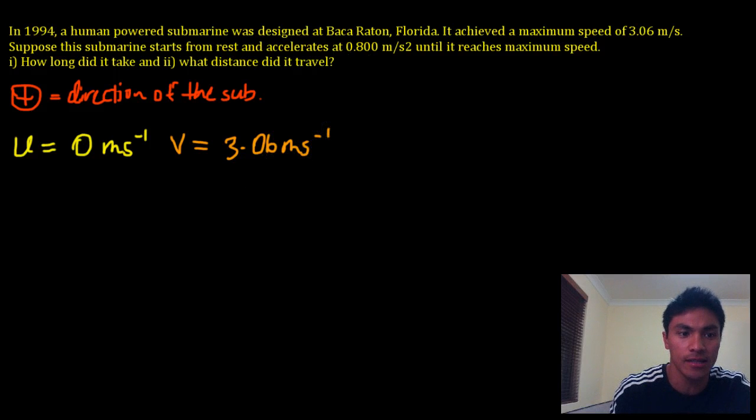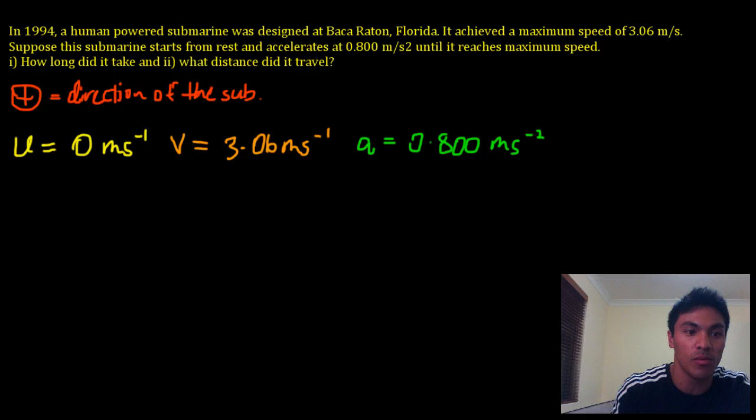We're also given an acceleration, so let's do acceleration in green. That is 0.800 meters per second squared. For the first problem, we want to find out what the time is. So t equals, we don't know, in seconds.